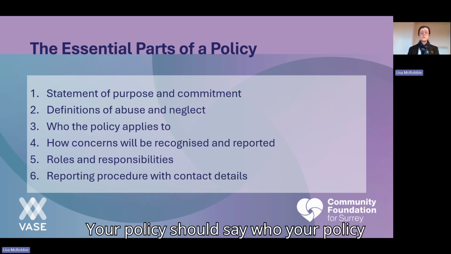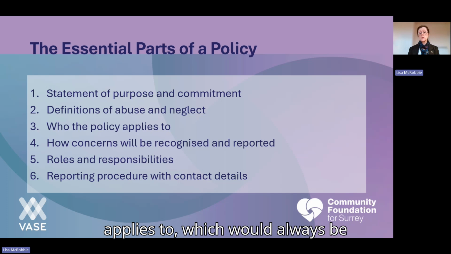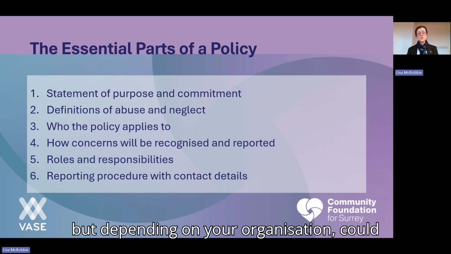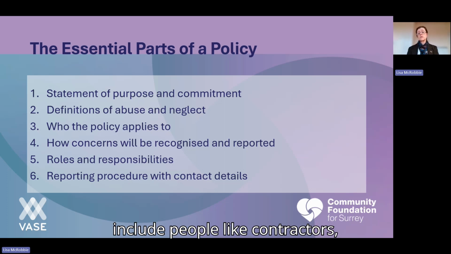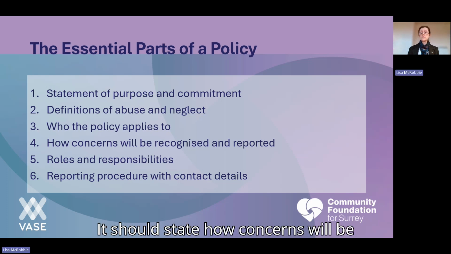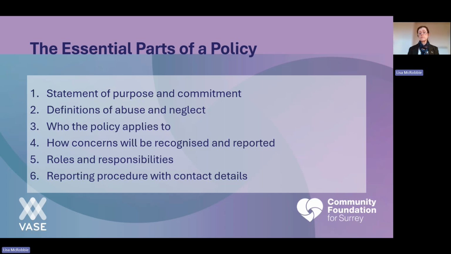Your policy should say who the policy applies to, which would always be staff, volunteers and trustees, but depending on your organisation could include people like contractors, sessional workers, consultants, and so on. It should state how concerns will be recognised and reported, a simple description of what a safeguarding concern is and how to report it.